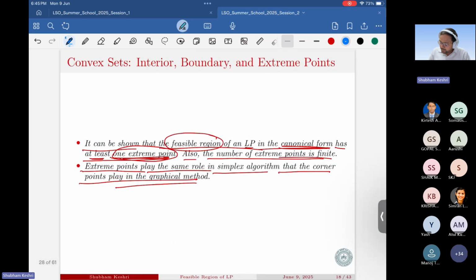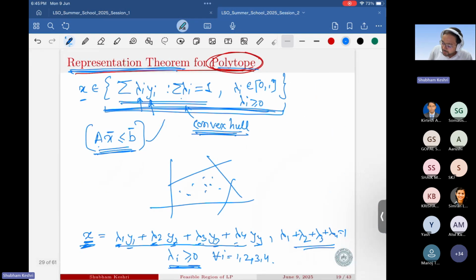Why finite? Because I have already said the number of extreme points is finite. You cannot have an infinite number of extreme points. So you are converting the feasible region in a way that you can represent it with a finite number of points.